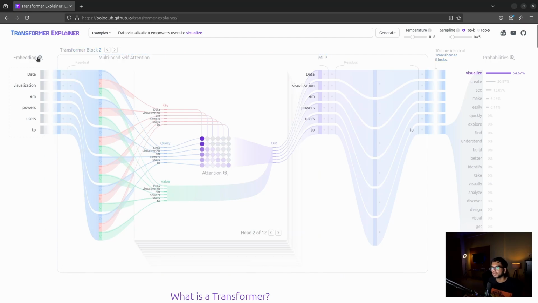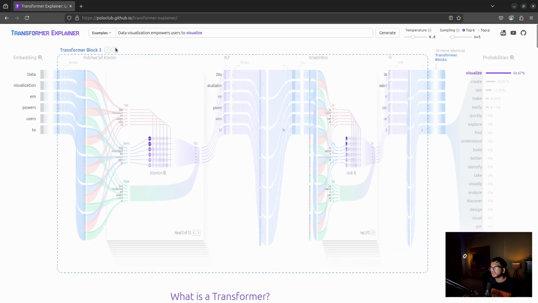The output of the first block goes into the second transformer block. The second block does the same calculations with the same layers, only with different matrices, and it gives an output of the same dimensions so that it can go into the next block as well.